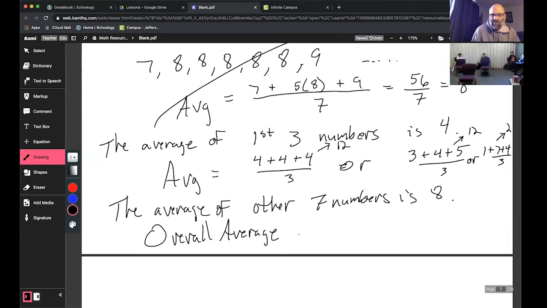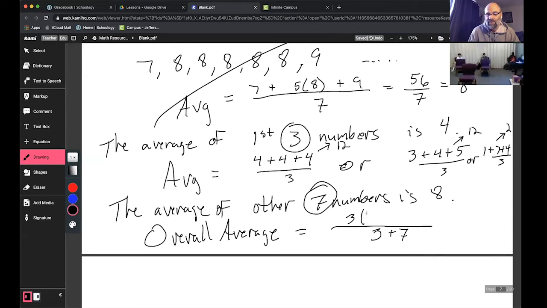Remember, we just have to add up all the numbers and then divide by the number of numbers. How many numbers are there total? There's 7 plus 3. Now, we don't know the first 3 numbers, but we do know the sum of the 3 numbers. What's the sum of the 3 numbers?